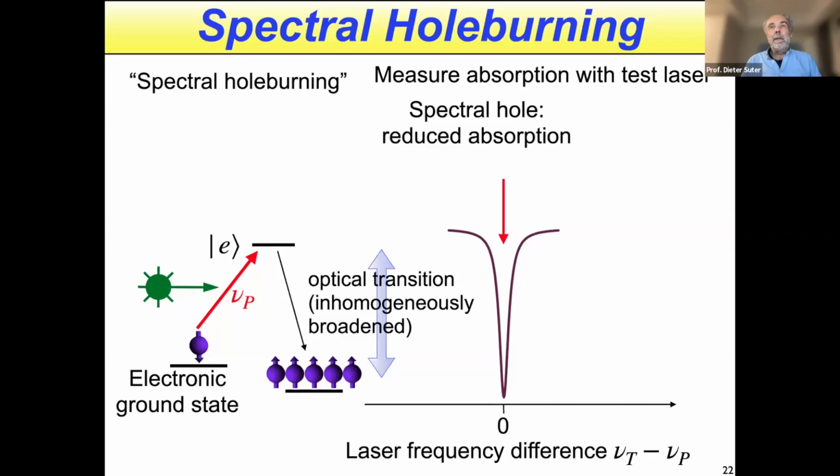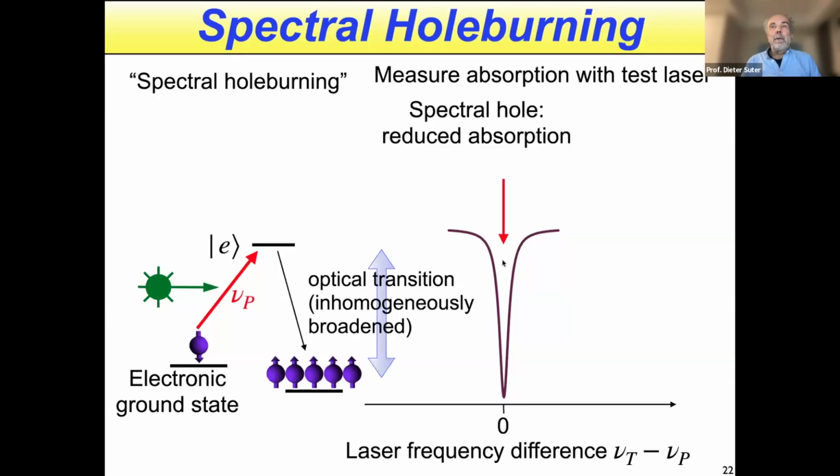Now, if the test laser beam and the pump laser beam have the same frequency, that means the test laser beam interacts with the same transition as the pump laser, it hasn't got much population left here, so the absorption will get significantly smaller, and that's known as a spectral hole.